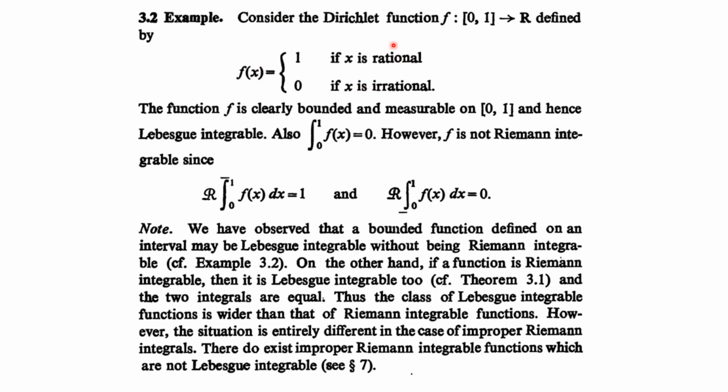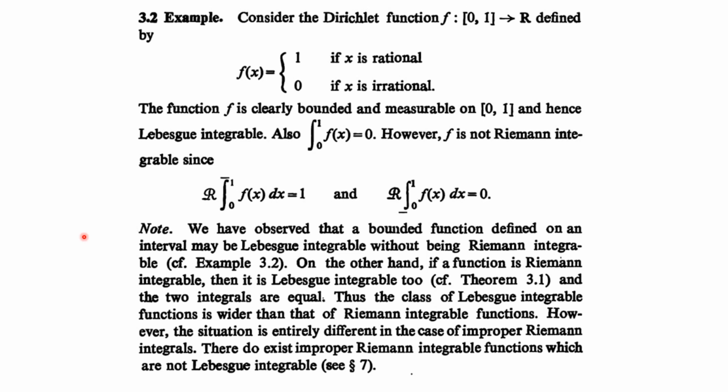Clearly this function is Lebesgue integrable. However, it is not Riemann integrable since the upper Riemann integral is 1 and the lower Riemann integral is 0. So we have observed that a bounded function defined on an interval may be Lebesgue integrable without being Riemann integrable.